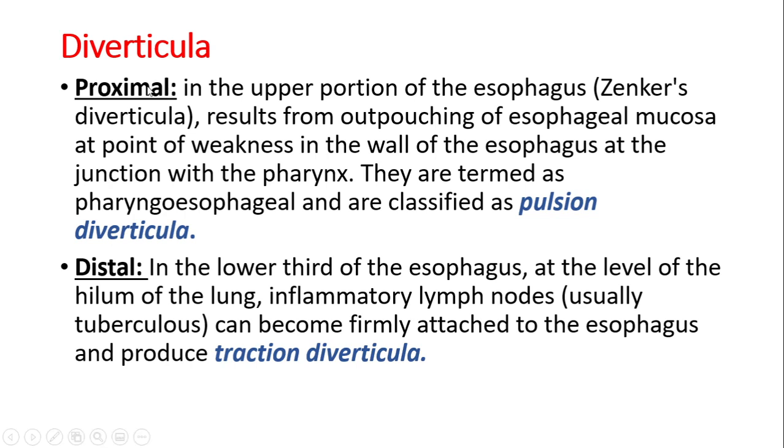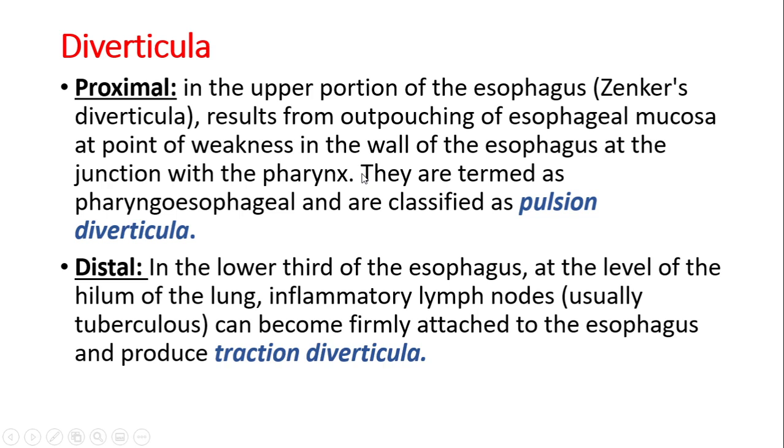In the proximal part, it is called Zenker's diverticula. These diverticula result from outpouching of the esophageal mucosa through a point of weakness where the transverse and oblique muscles of the pharynx attach to or intersect each other.